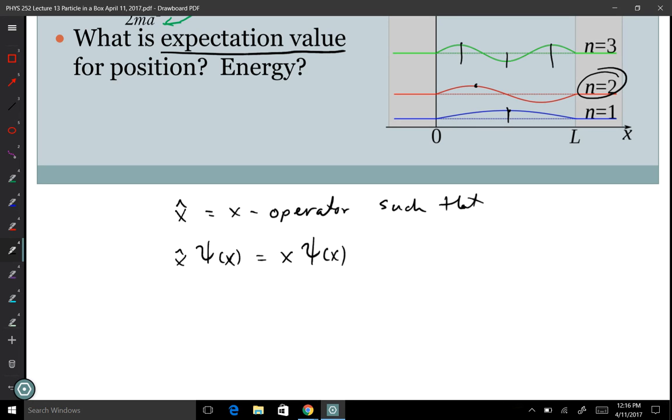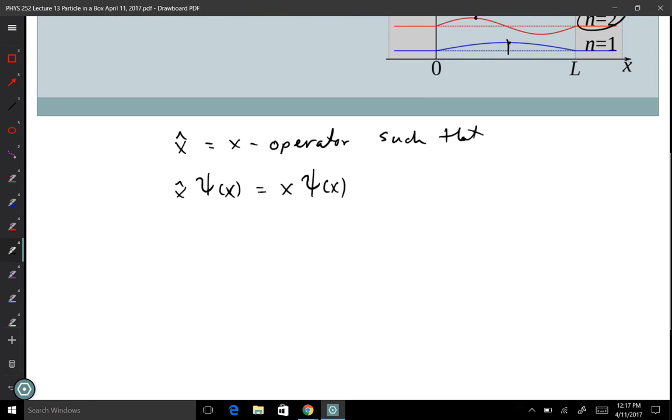The momentum operator is not p. The momentum operator is minus i h bar d dx. And that brings up other issues that we clearly don't have time to do. But now we can say, okay, where am I likely to find the particle?